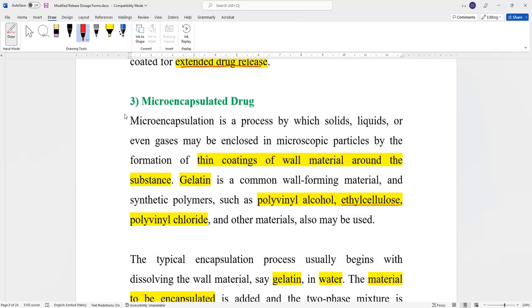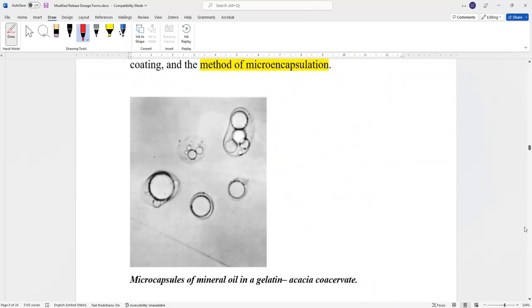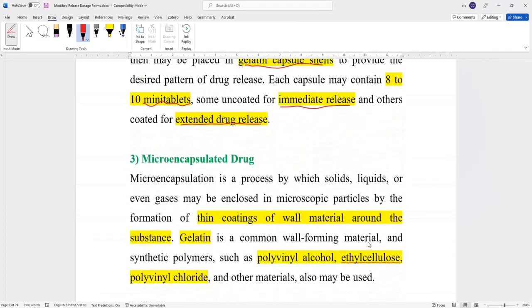Now, the third example for extended release is micro encapsulation, or micro encapsulated drug. Okay, let me explain to you what happens. This is an example of micro encapsulation. Let me tell you what is happening exactly here, because this is from a liquid. Usually for micro encapsulation they use gelatin.